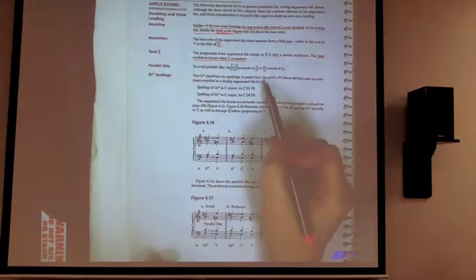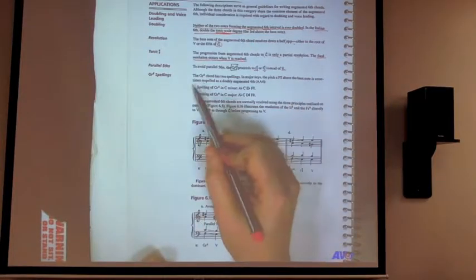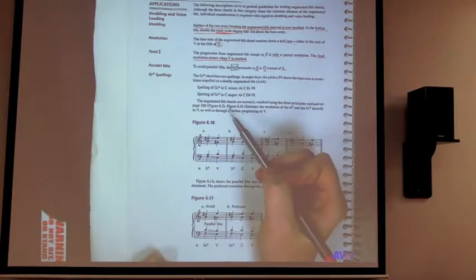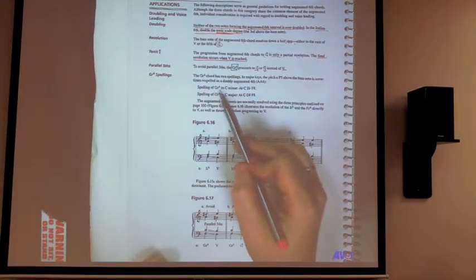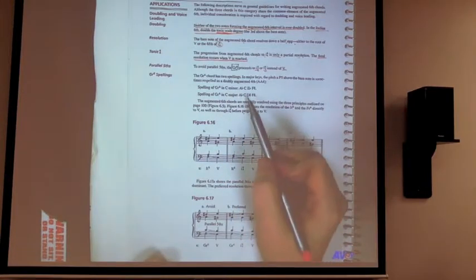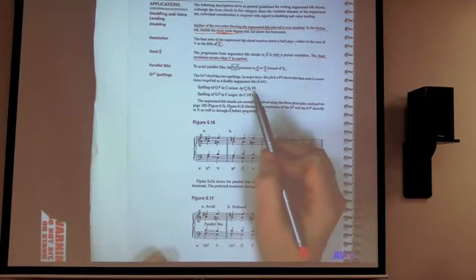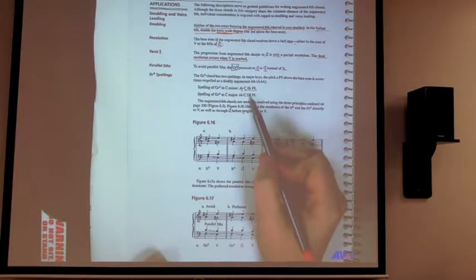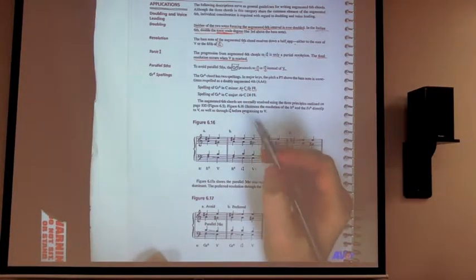In major keys, the pitch a perfect fifth above the bass note is sometimes respelled as a doubly augmented 4th. So it's like a super augmented. All right, so the spelling of German sixth in C minor could be A flat, C, E flat, and then the F sharp. So instead of a D sharp, it'll be an E flat. It's an enharmonic, okay?